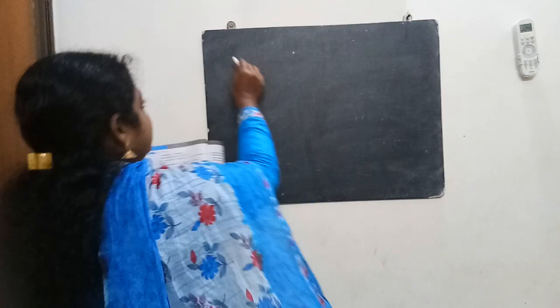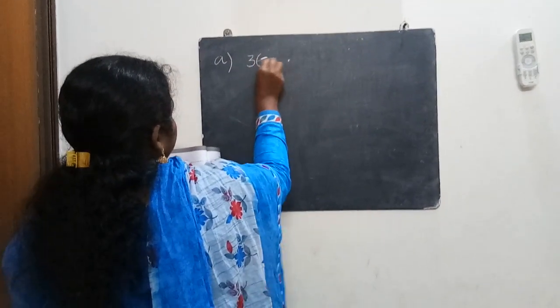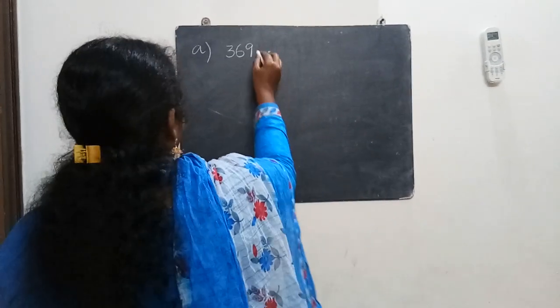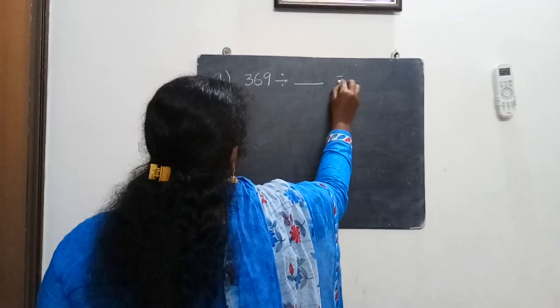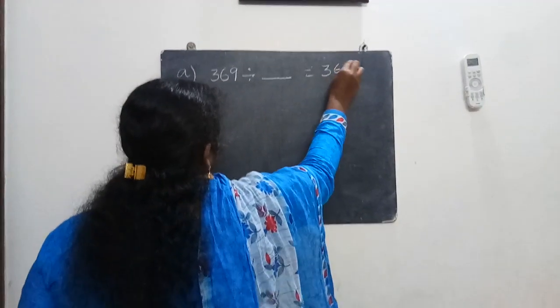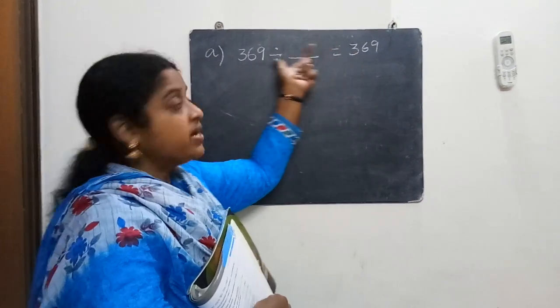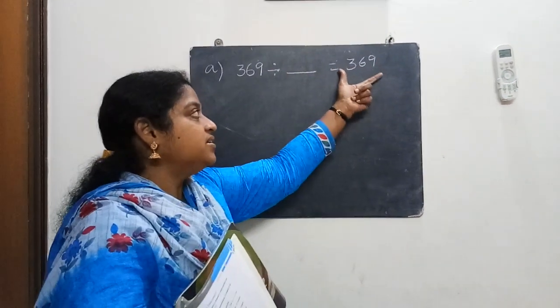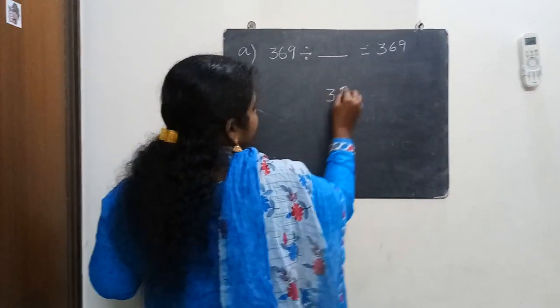Now fill in the blanks. The first one. 369 divided by dash is equal to 369. When will you get the same number as the answer? See here, 369 is there.